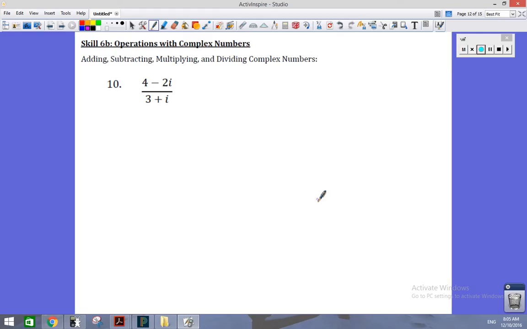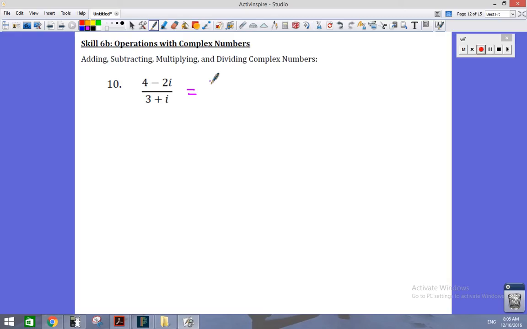See, the rule that we have with complex numbers is that we can't have an imaginary unit in the denominator. So I claim that this complex number that you get by dividing, here's the numerator, a complex number, the denominator is a complex number, and we're trying to find the new complex number that you get through division of these two.